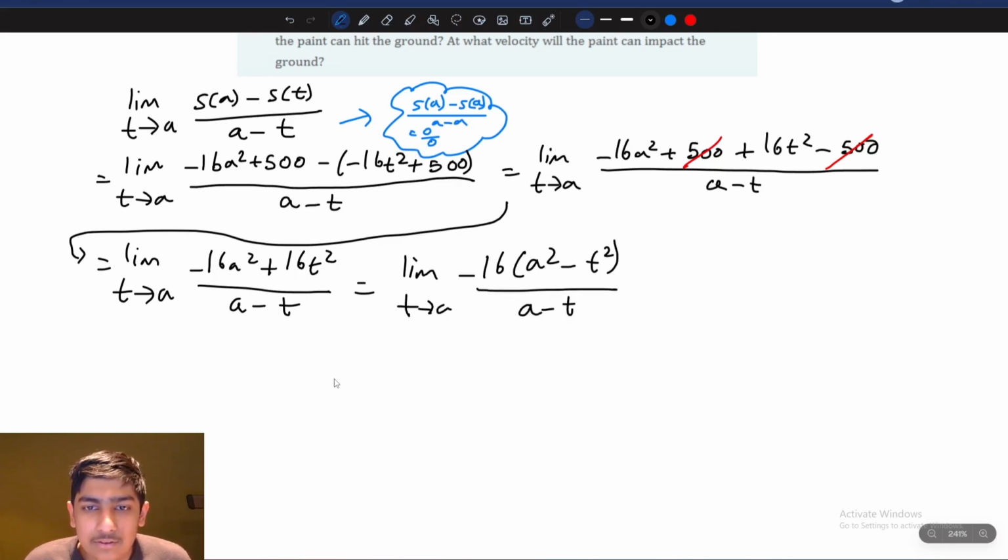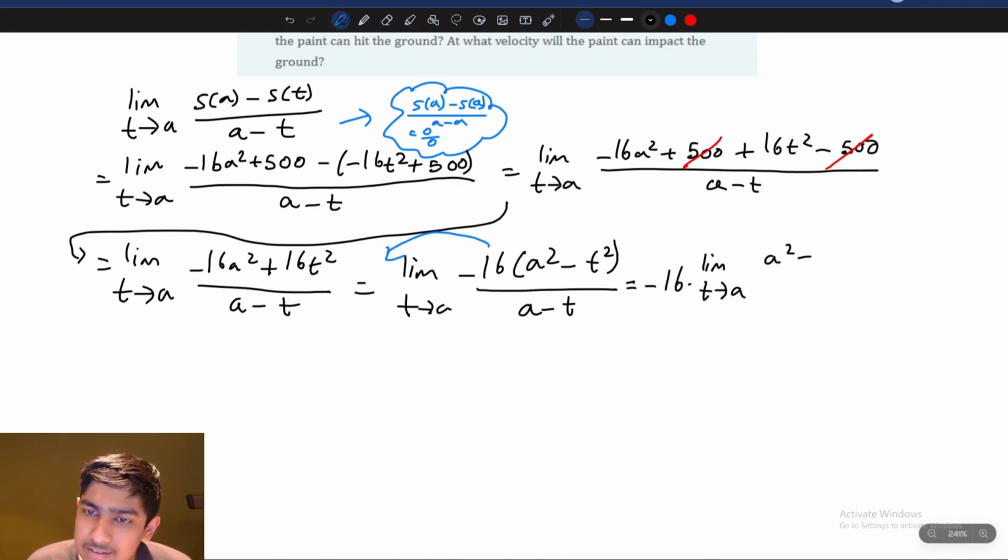Over a minus t, I'm going to use one of our many limit properties and take this 16 outside of the limit, since it's a constant. So we'll get negative 16 times the limit as t approaches a of a squared minus t squared over a minus t.